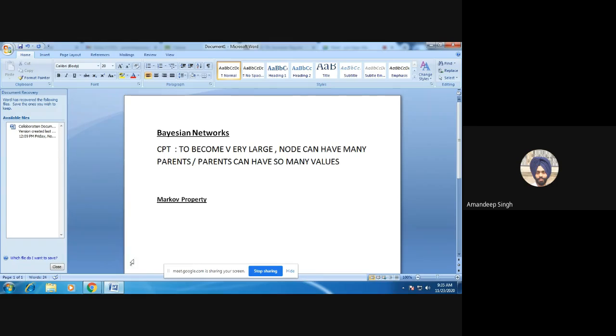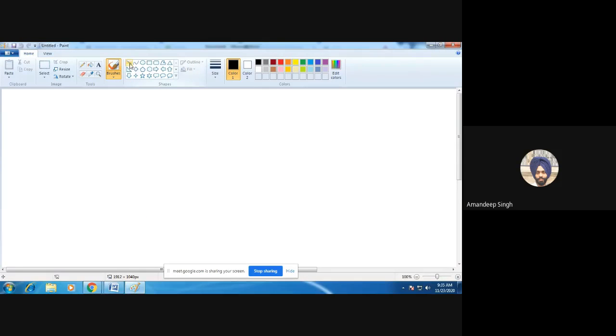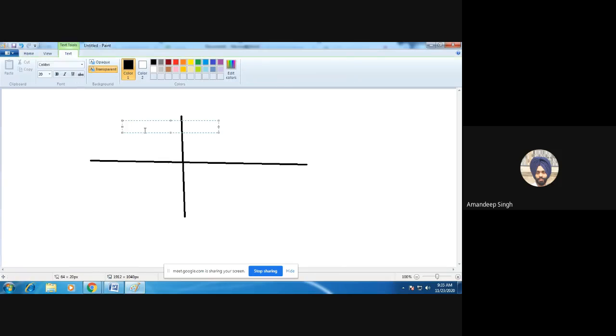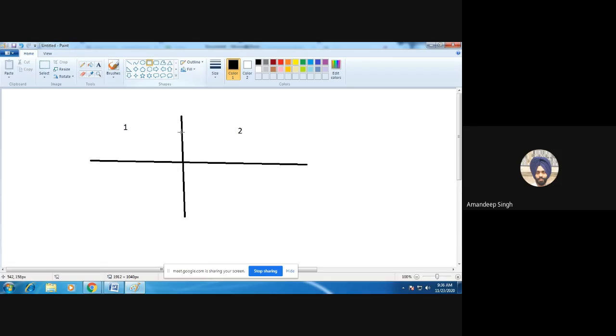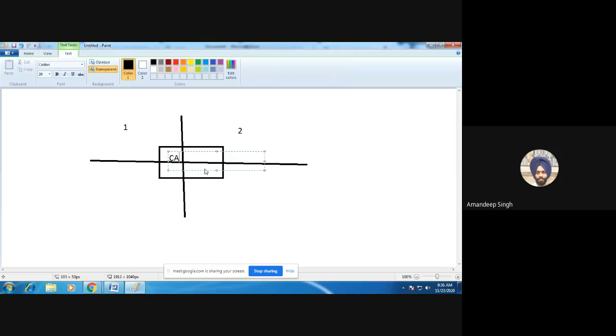We tried to make CPTs for, if you might remember, some diagram we discussed. Some factors were there, and we tried to generate the CPTs for all the scenarios. Some causes were there, some symptoms were there in phases one and two, and the patient was having some disease.